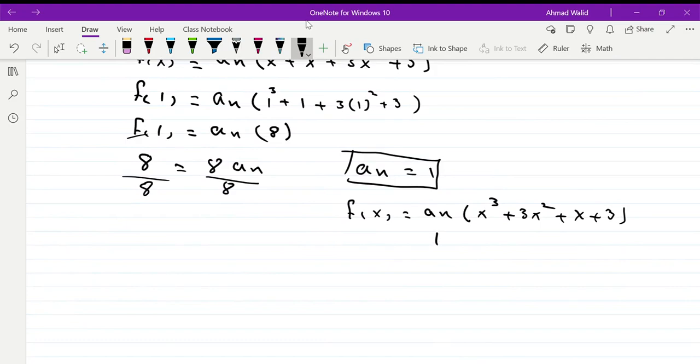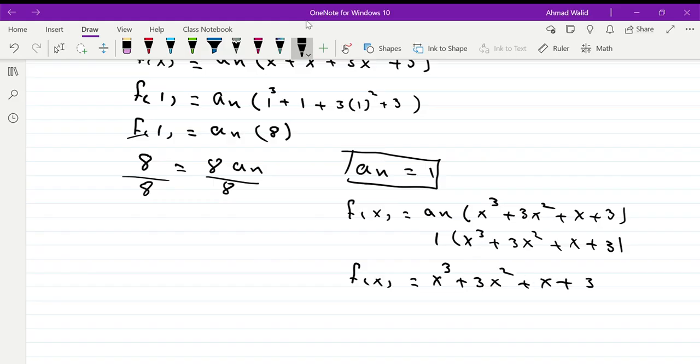It means 1 times this function, which is x cubed plus 3x squared plus x plus 3. 1 times this gives you the same thing. F of x equals x cubed plus 3x squared plus x plus 3 is a function that has 3 zeros, and the zeros are negative 3, i, and negative i. Correct?